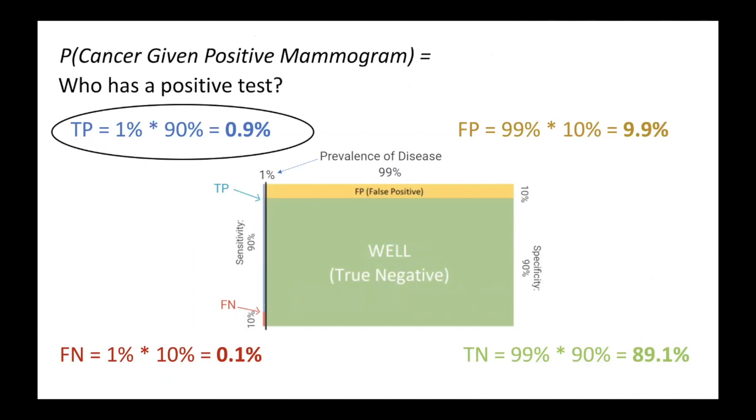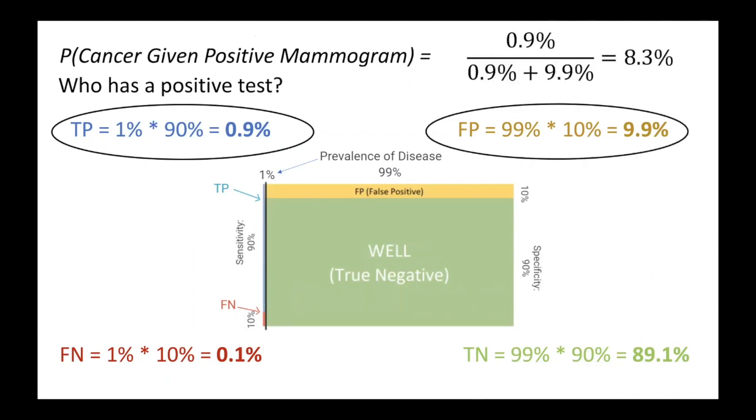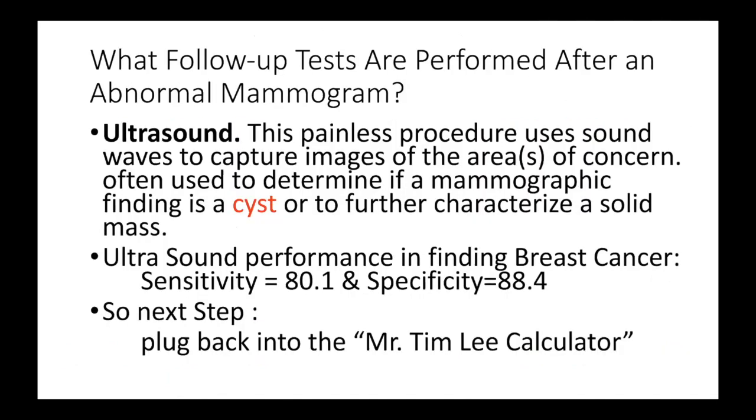Okay, there it is. You came up with the 8.3 in your calculations, but watch what happens to the 8.3 now as we realize, hey, I've got a positive mammogram. What's my next step? There's a follow-up step. There's a second test. I can do an ultrasound.